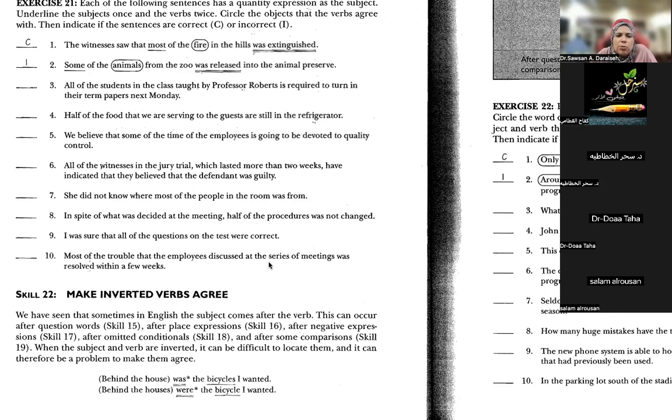Trouble is uncountable, because I say he caused a lot of trouble. I don't say troubles, guys. In Arabic, yes, we say mushkil, mashakil. It's true. But in English, we don't have troubles. We have trouble. We say a little trouble, and we say a lot of trouble.